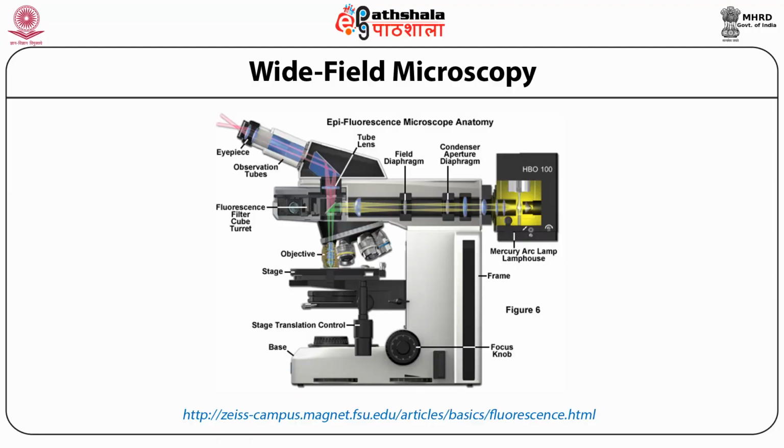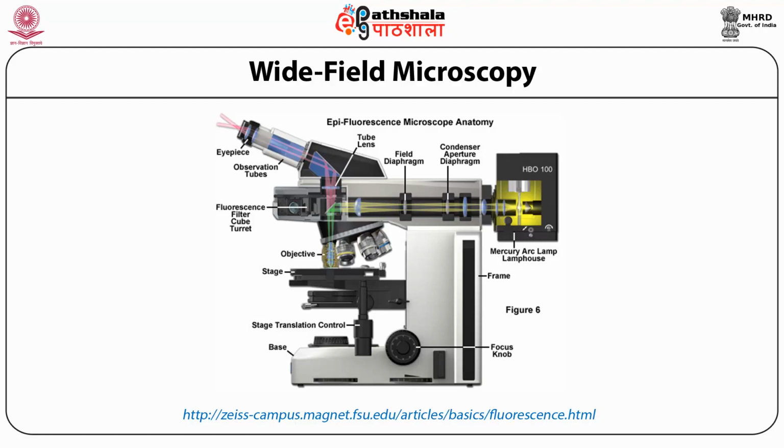Here is again a pictorial depiction of a standard fluorescent microscope, which was also discussed in the previous module. Again, you can see you have a reverse L shape frame on which this entire system is kept. We have the light source, which could be a mercury lamp, metal halide, or LED light source, through which the light is generated and given to the dichroic mirror.